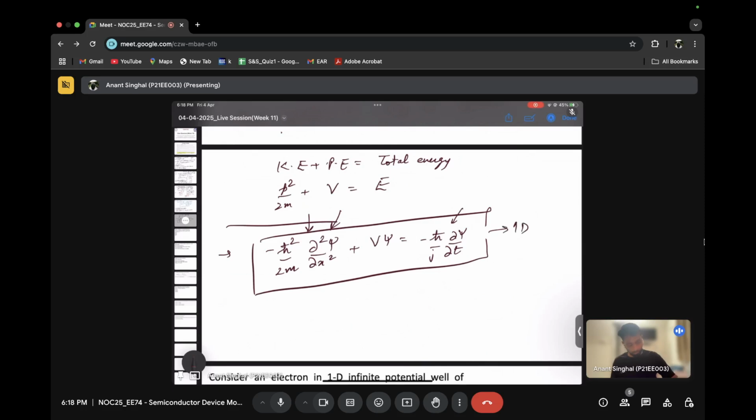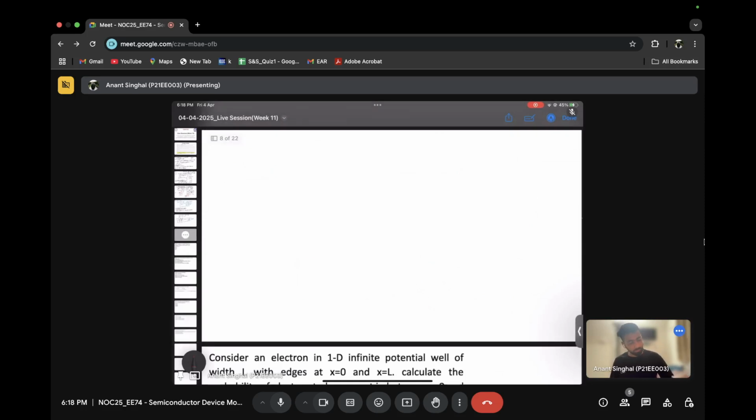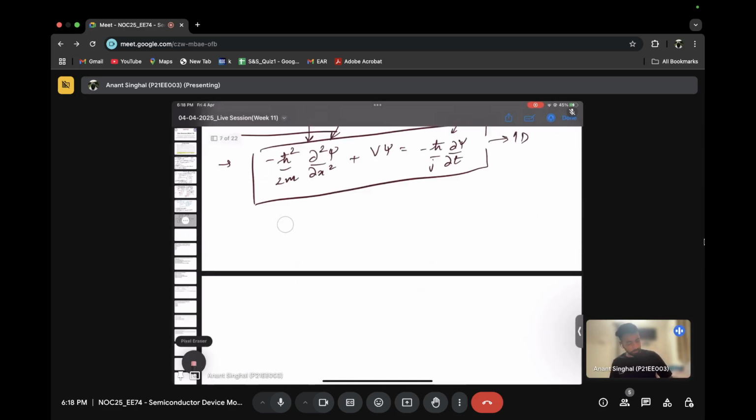So this is for one direction. Similarly, we can write it for two or three directions. In general, we write minus ħ squared by 2m, with the delta denoted by this triangle shape, which is applicable for any dimension, plus Vψ, equals minus ħ by j d psi by dt.